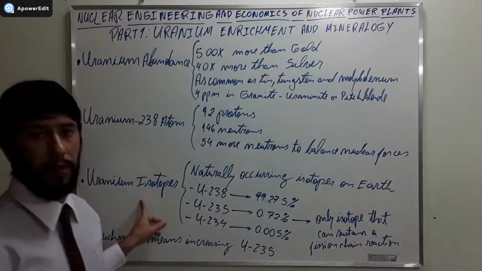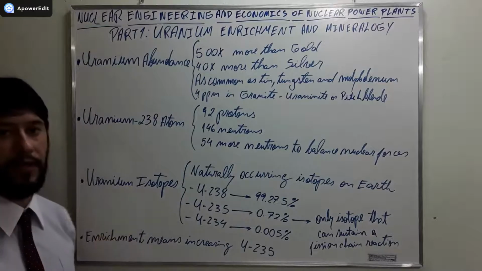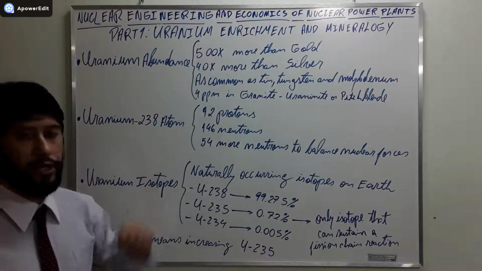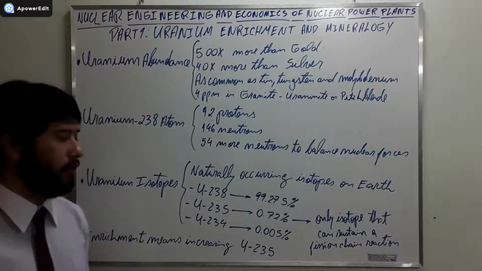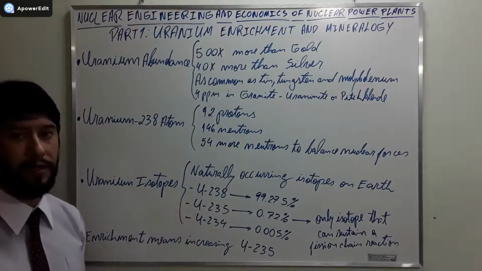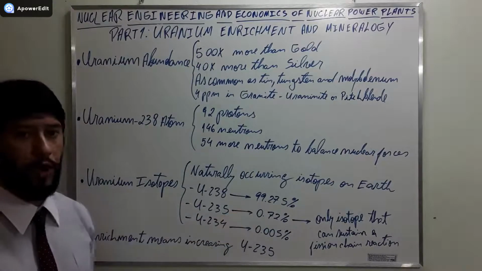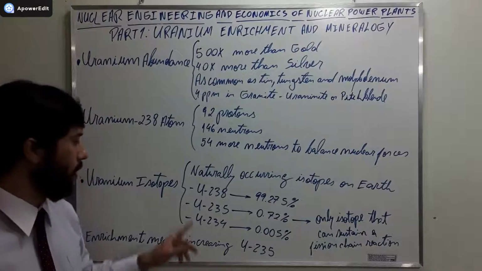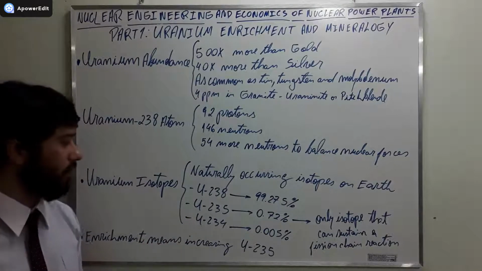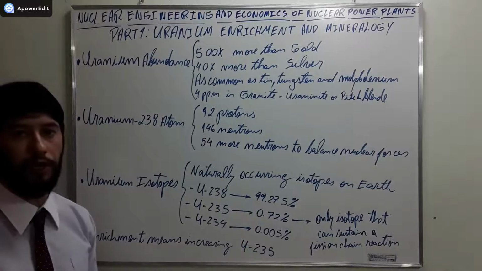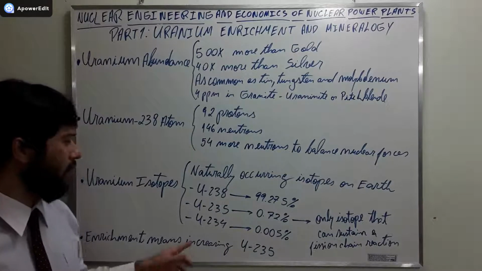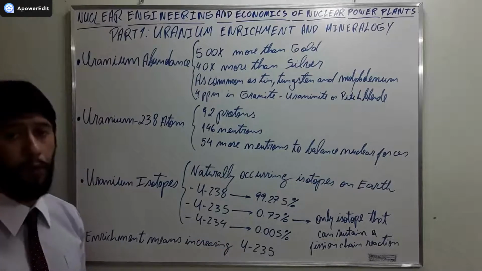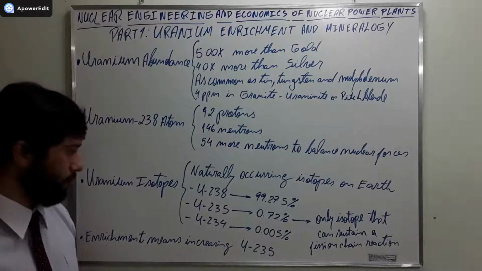As all elements, uranium has isotopes on Earth. The naturally occurring isotopes of uranium are uranium-238 with concentration of 99.275%, uranium-235 with concentration of 0.72%, and uranium-234 with concentration of 0.005%.